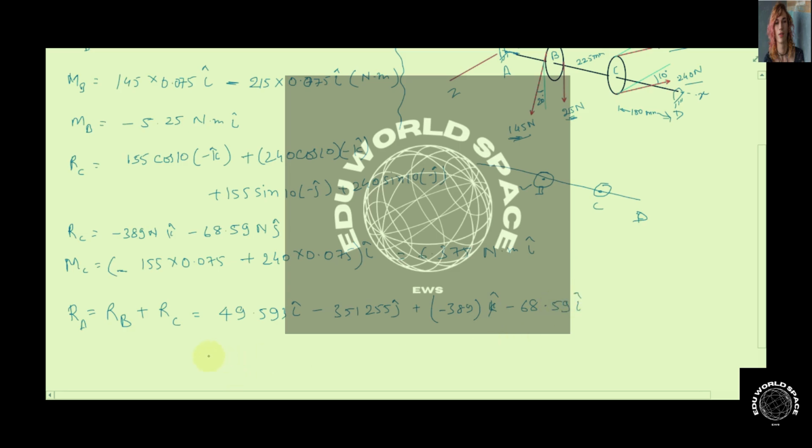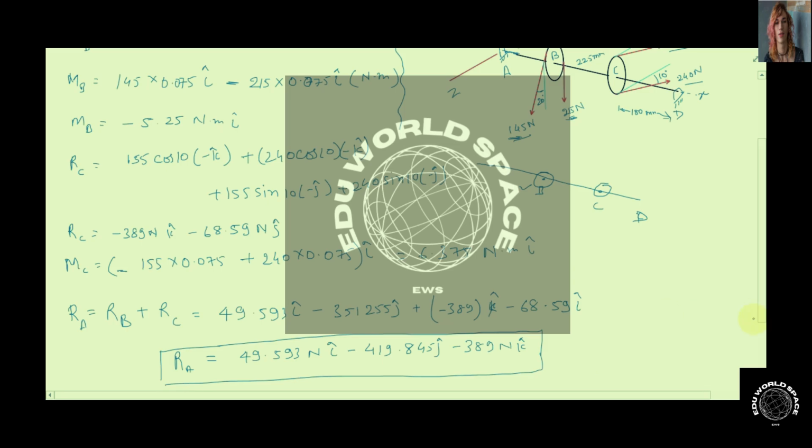So if we collect the coefficients of I cap, J cap and K cap, it comes out to be 49.593 Newton I cap minus 419.845 J cap minus 389 Newton K cap. So this will be the equivalent force about point A.